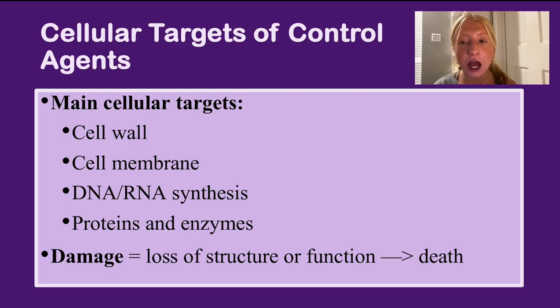And others denature proteins or enzymes, which halts metabolism. Some methods, like heat and radiation, are less selective and kill a wide variety of microbes, but there are also more specific agents that target certain structures in the cell.